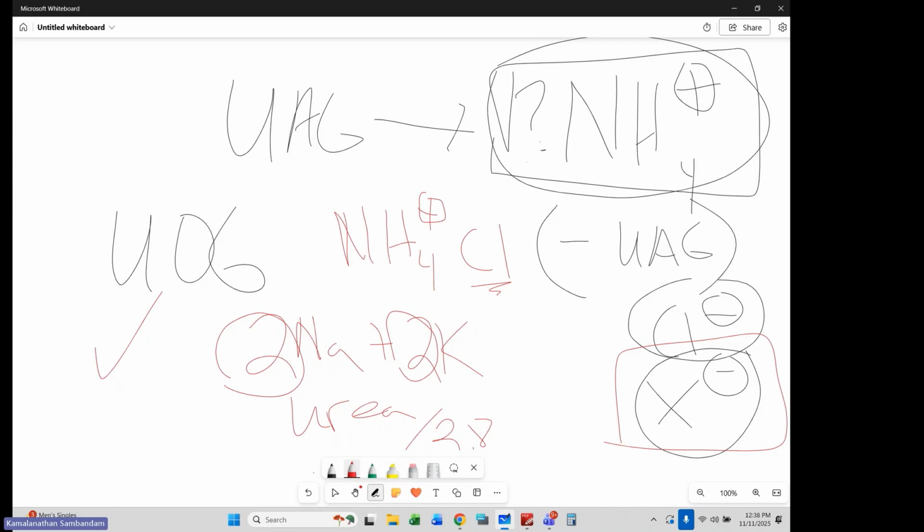Okay, when I say 2 times sodium, 2 times potassium, I'm capturing the sodium chloride in my urine, the potassium chloride in my urine, and the potassium and sodium ketones in my urine, right? Keto acid is captured by the 2 times terms, okay? So you can see that this is not going to be confounded by the presence of a keto acid in the urine, because my 2 times sodium and potassium captures all of those anions.